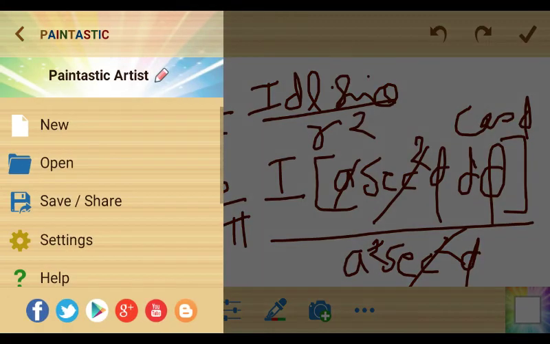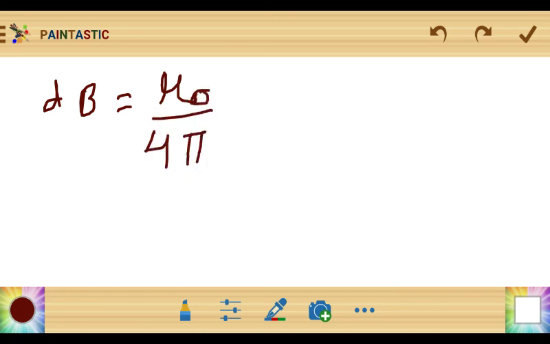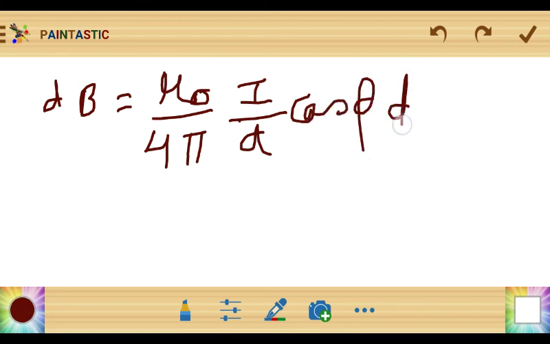We are left with something simple. Why have we done it, you might wonder. It is called transformation of variable to simplify the problem. So the things left are I upon a cos phi d phi.